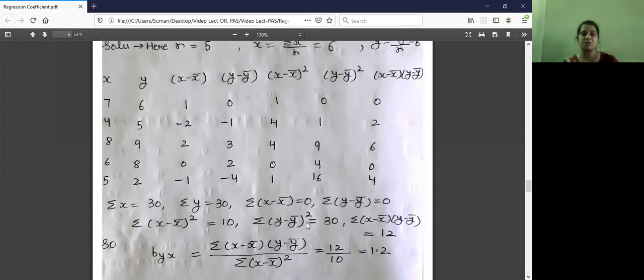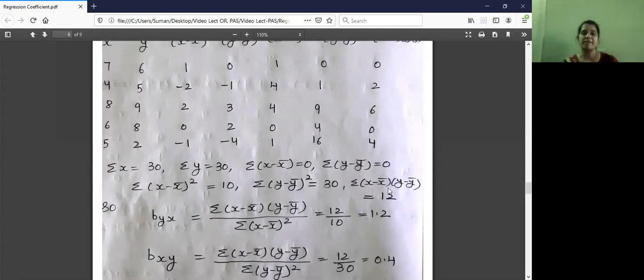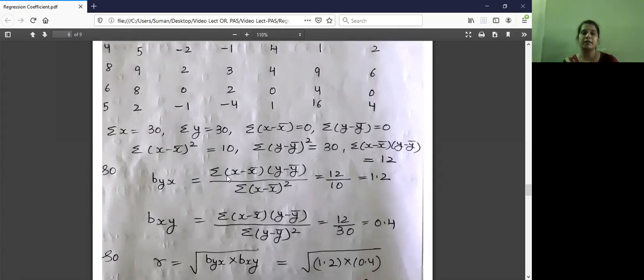Summation y minus y bar whole square is equal to 30. 9 plus 1, 10. 10 plus 4, 14, 14 plus 16, 30. And summation x minus x bar and y minus y bar, the value is 2 plus 6, 8 plus 4, 12. So here all these values we put in the formula.